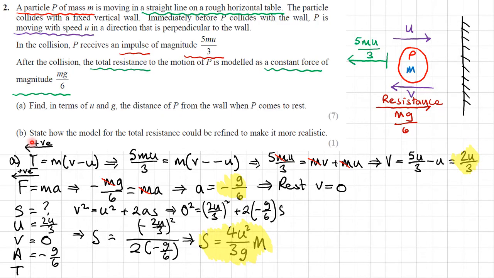Part B. State how the model for the total resistance could be refined to make it more realistic. If we look back at what we're given in the question, you'll see the total resistance is modelled as a constant force, and this word constant force is the key. So there's the clue to our answer. In reality, resistive forces aren't constant.